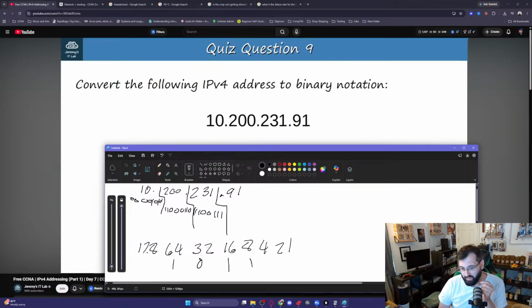Damn. How'd I get that so far off? Plus 4 plus 2 plus 1. No, something's not right. 64 plus 32 is 96, so it breaks it. So it's got to be 16 plus 8 plus 4. There it is. So we're at 0 1 0 1 1 0 1 1.